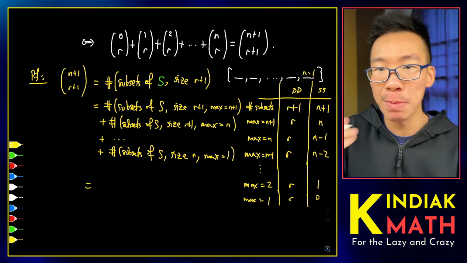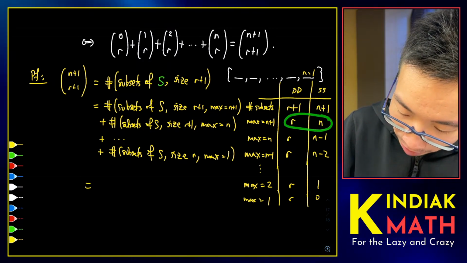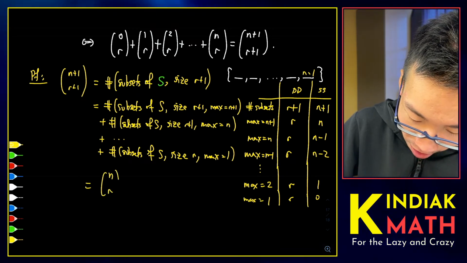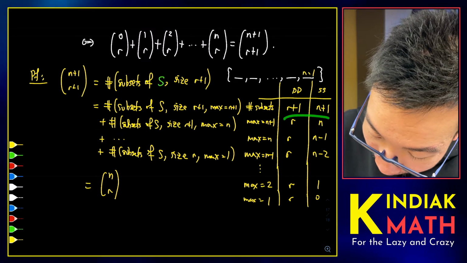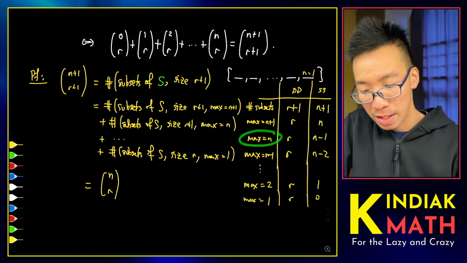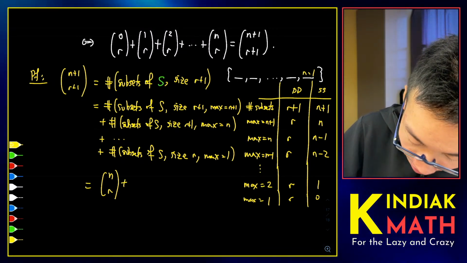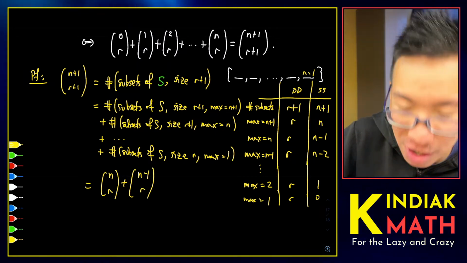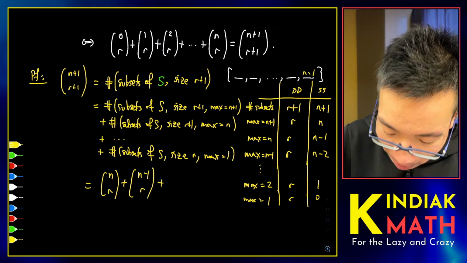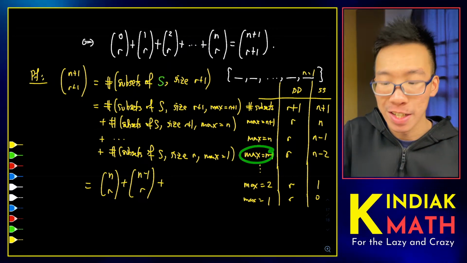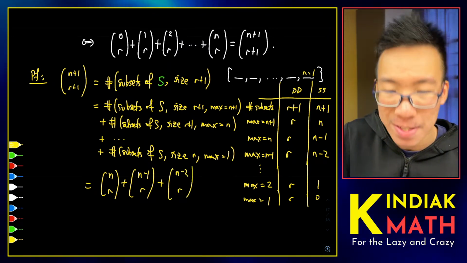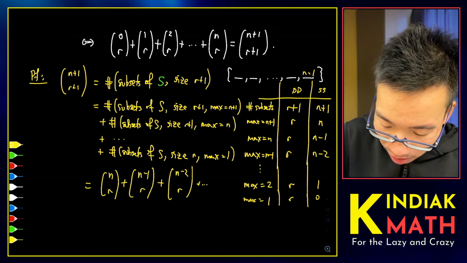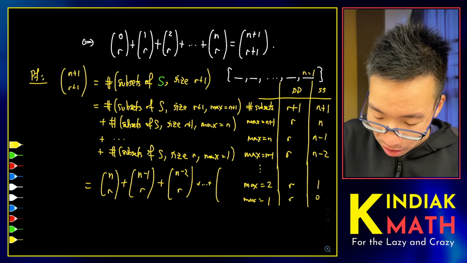So if the maximum is n plus 1, we have a total of n choose r subsets. If the maximum is n, then we can choose n minus 1 choose r subsets. If the maximum is n minus 1, then we can choose n minus 2 choose r subsets, so on and so forth. 1 choose r.